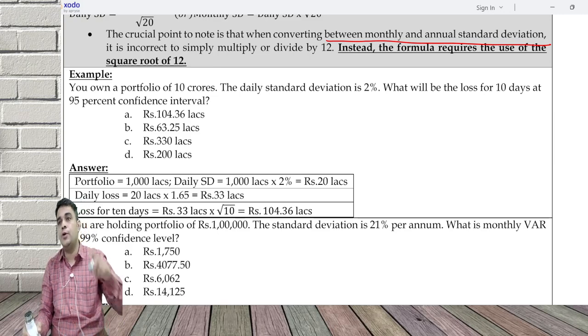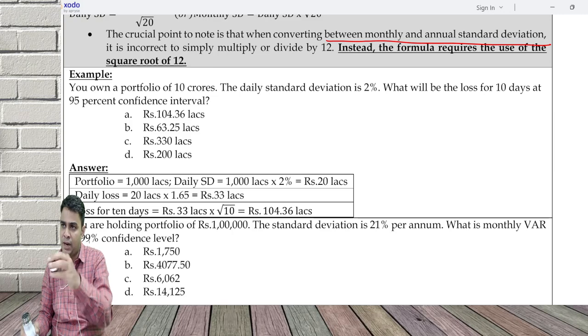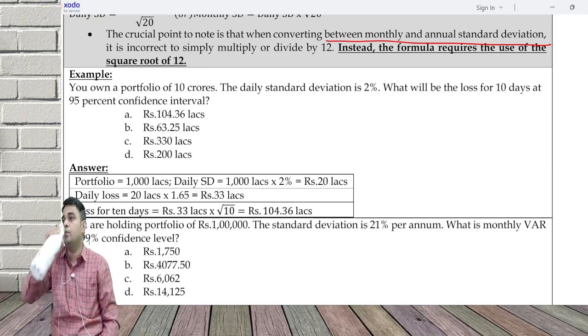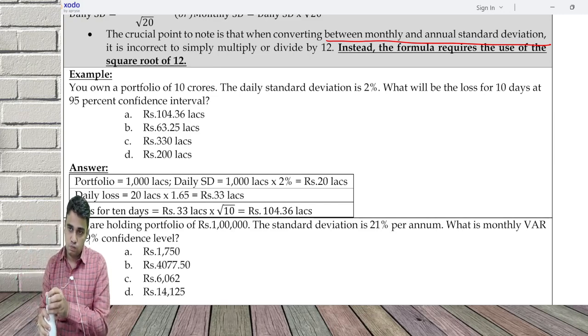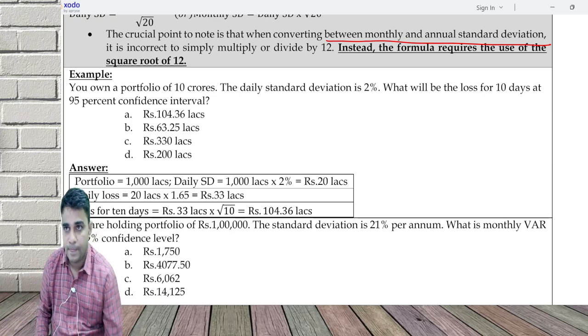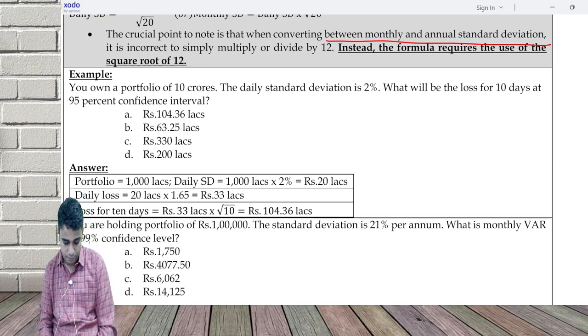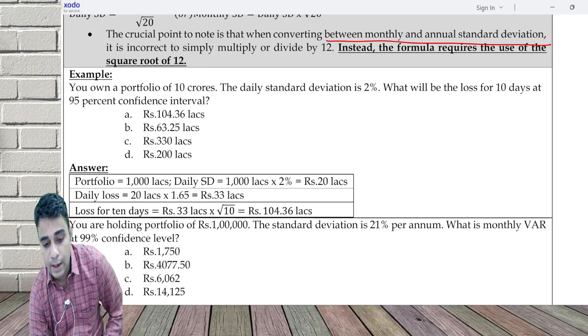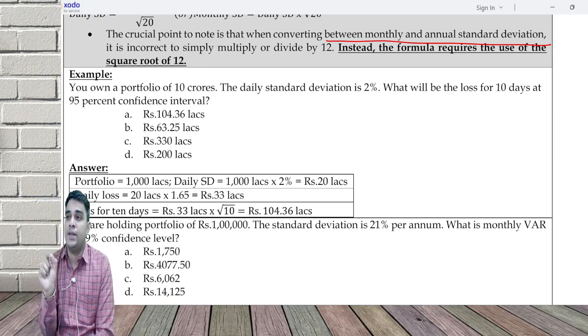One thing you can do: if you have standard deviation per annum in the question, please directly calculate loss per annum, and then do the division or multiplication. Annual standard deviation is rupees 21,000.